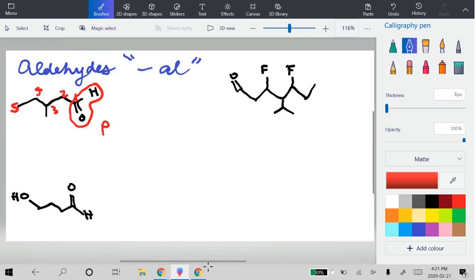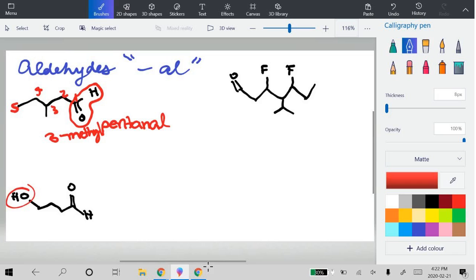And that's pentane, but we drop the E and put -al for the aldehyde. And it's always going to be on carbon number 1, so I don't have to number that. And then I just number the side chain, this methyl, as 3-methyl. 3-methylpentanal.